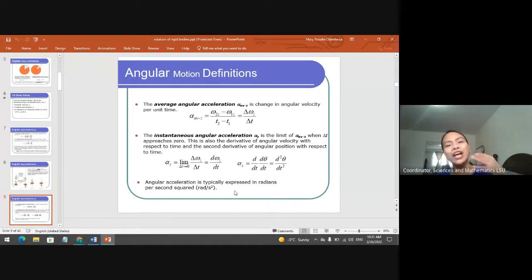Now, the average angular acceleration is equal to the change in the angular velocity per unit time. So you also have the limit. Now, acceleration is the second derivative of the change in position. So you have this as the second derivative. I know you know how to do this already in your calculus.